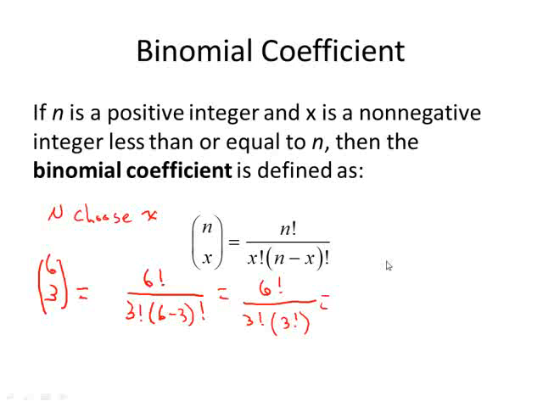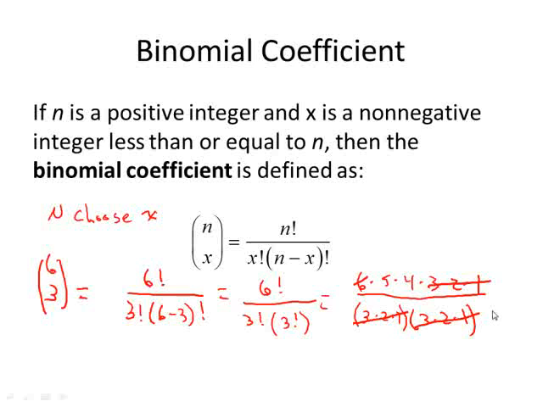All right, so then by definition, 6 factorial is 6 times 5 times 4 times 3 times 2 times 1 over 3 factorial, which is 3 times 2 times 1, and then another 3 factorial, which is 3 times 2 times 1. Okay, so by arithmetic, I could take this 3 times 2 times 1, which cancels out with that 3 times 2 times 1. And notice that this 3 times 2 times 1 is 6, which will cancel out with this 6. So at the end of the day, we're just left with 20.